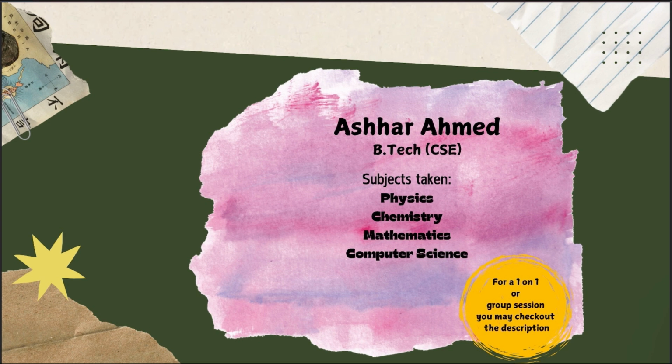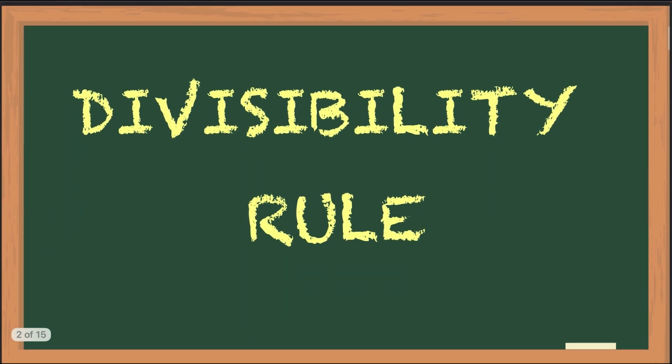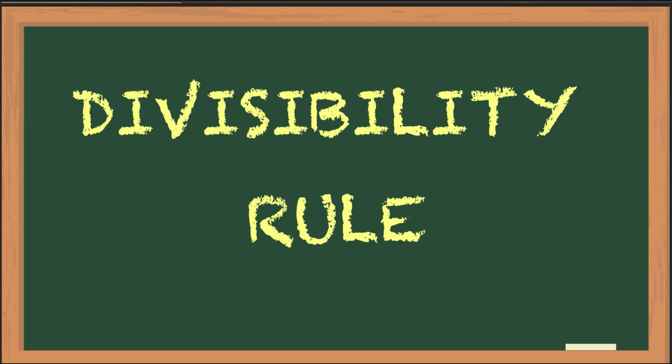Now, regarding this particular video, we will be discussing an important topic, which is important irrespective of class. Any student of any class can see this video because it is one of the most important aspects of mathematics, and that is what we know as the divisibility rule.